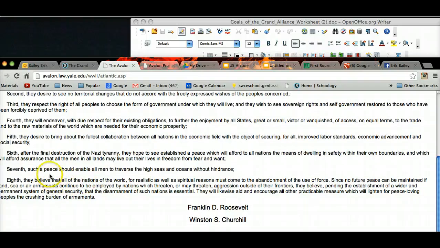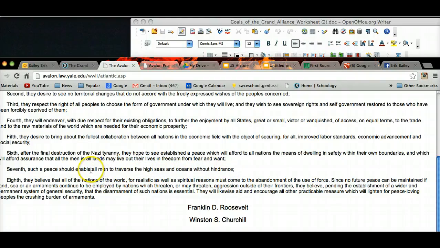Okay, such a peace should enable all. Okay, so basically you can put number 7, the 7th one here, under the Atlantic Charter. And they're saying that if there is a peace made, such a peace should enable all men. So if there is a peace made with the Axis powers or anybody else in the future, still today, that peace has to enable all men to traverse the high seas and oceans without hindrance.